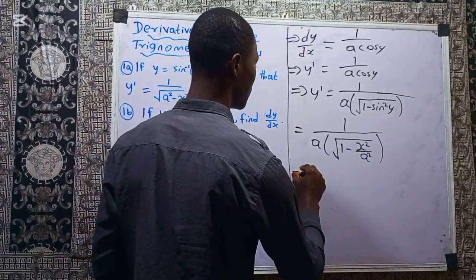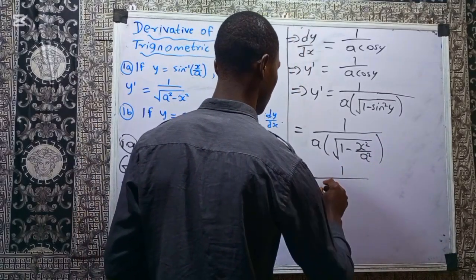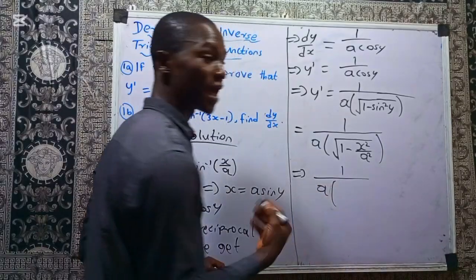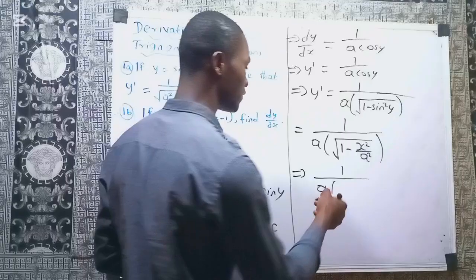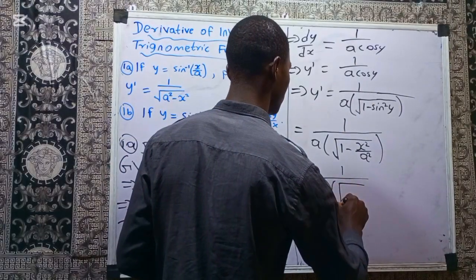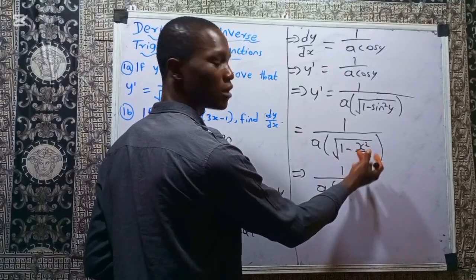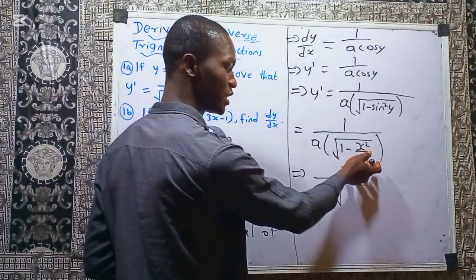So this simply implies 1 over a into, use knowledge of LCM, square root of our LCM for this fraction inside. What's our LCM? Our LCM is a squared.